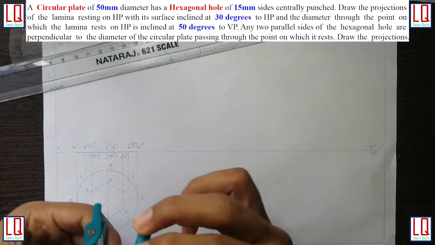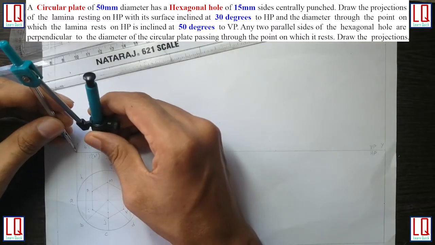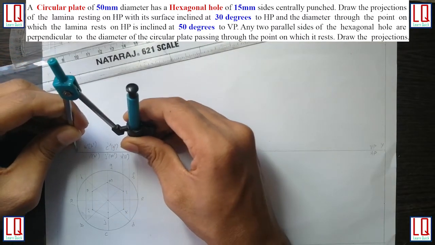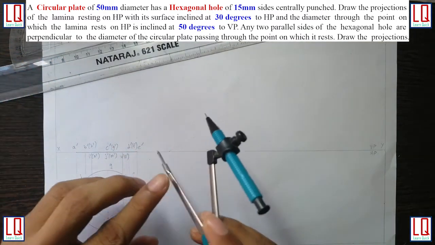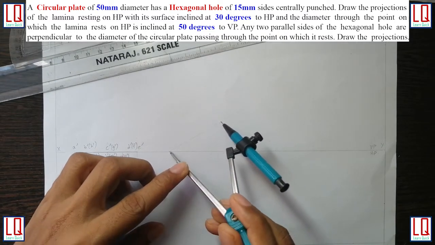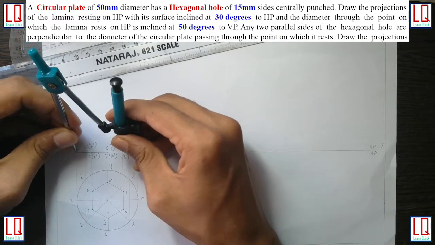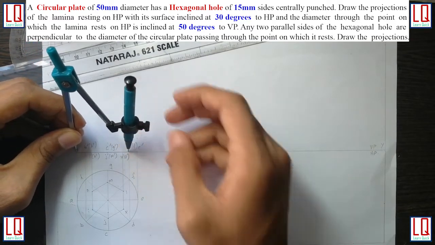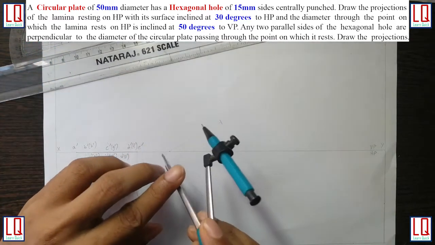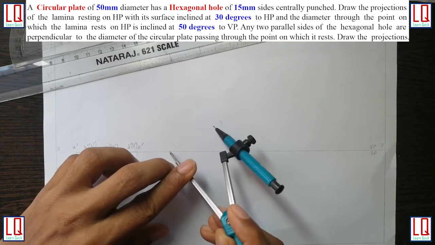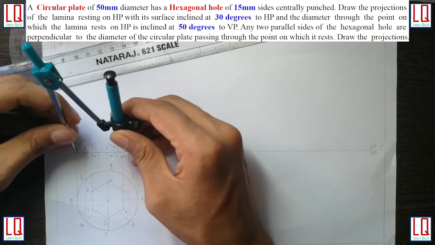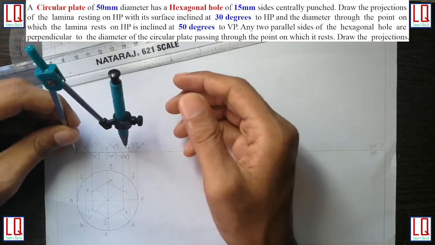Then with the help of your compass measure A dash, E dash and carry over the length, and then measure A dash to D dash F dash and then mark. Similarly, carry over all other distances.